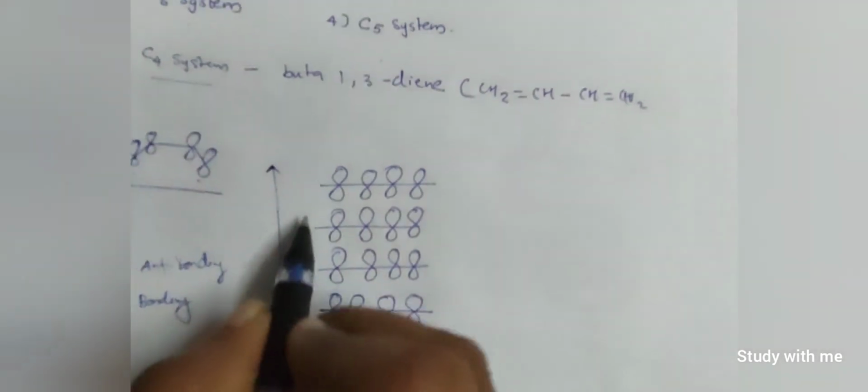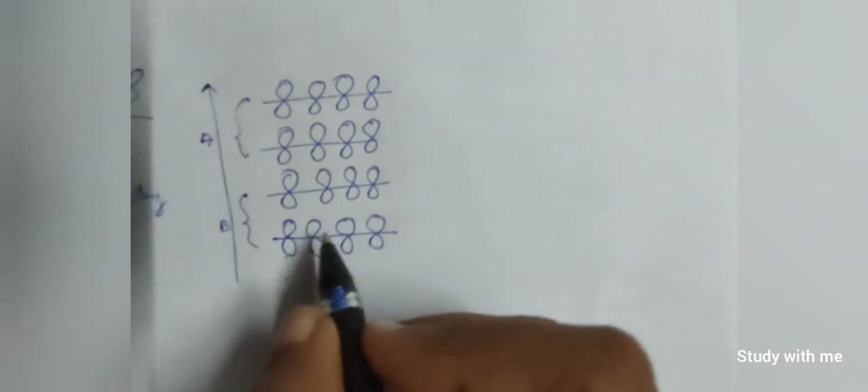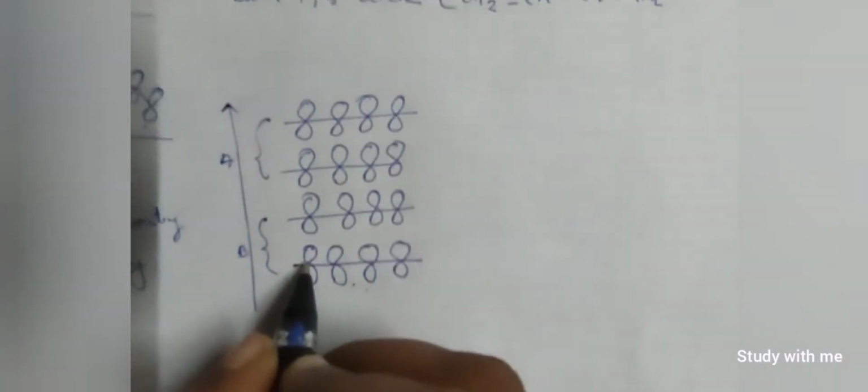The first 2 molecular orbitals will be the bonding, and the others will be the anti-bonding. So now we have to fill them with positive and negative signs. For that, I will give you a trick.